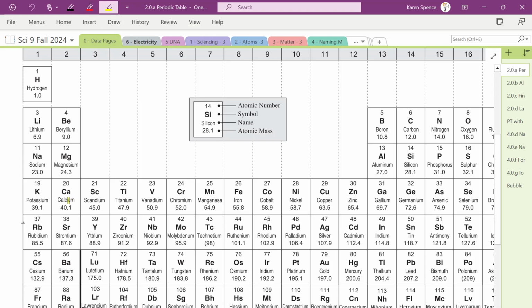Hopefully, you have located calcium at number 20.